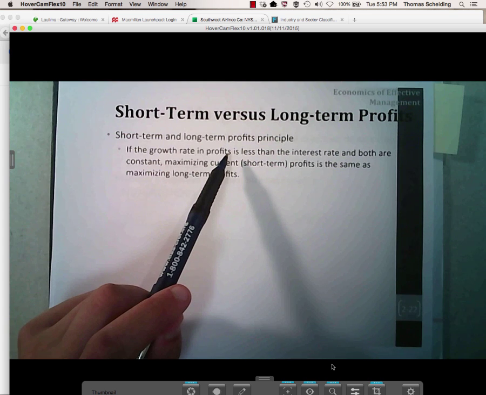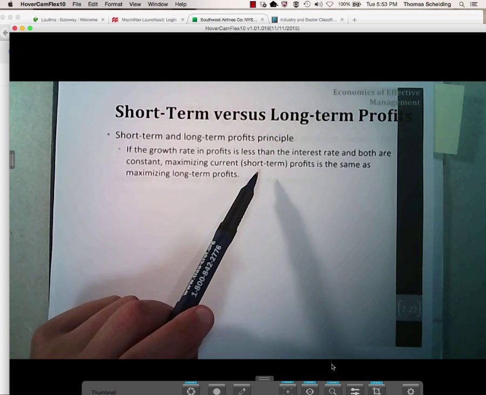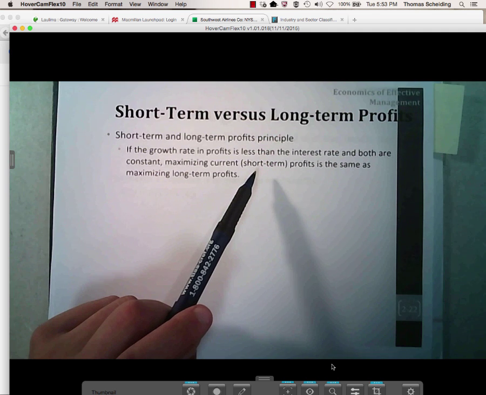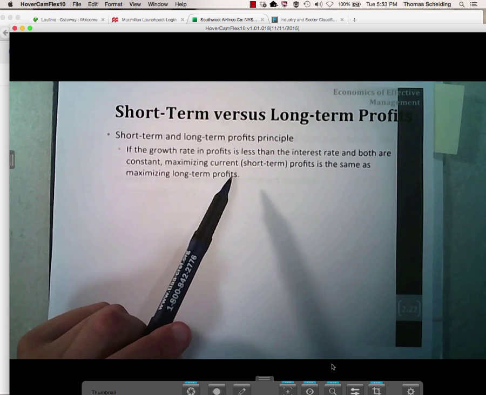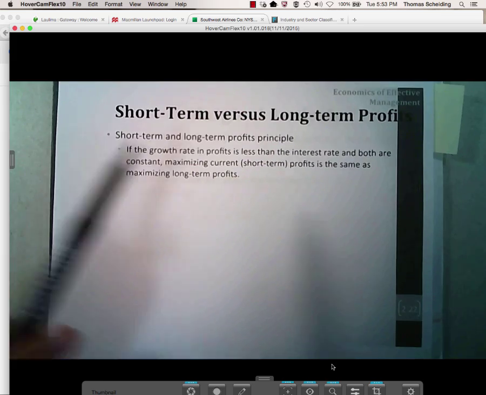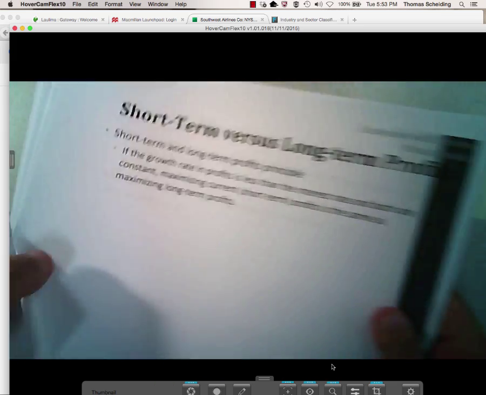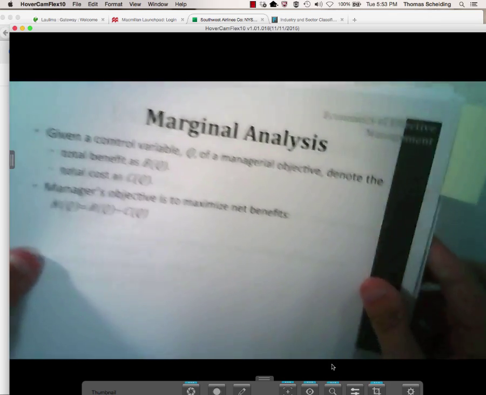And because it doesn't often happen, this is why we say that sometimes when a manager makes a decision, they're being penny wise but pound foolish, meaning that they're maximizing their short-term profits at the expense of their long-term profits. Which means that our critique of firms in that way is reasonable and rational.